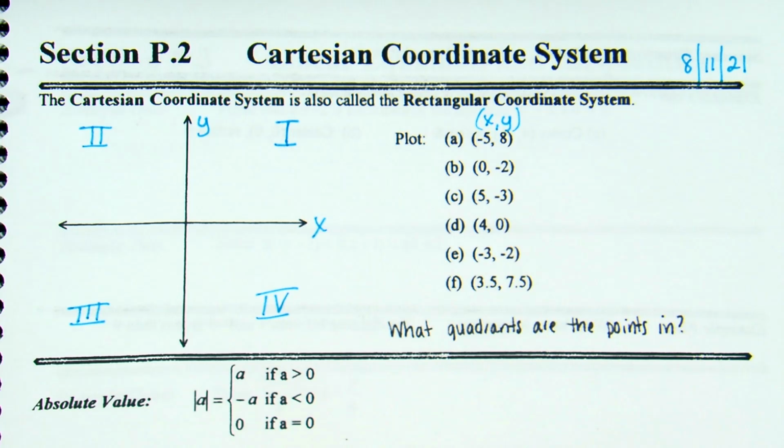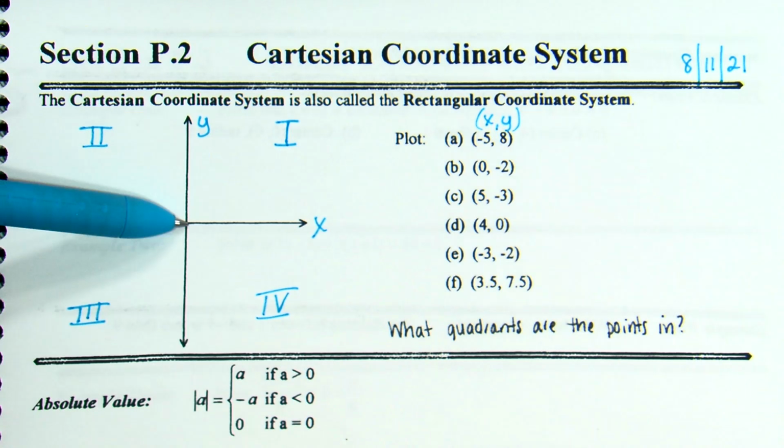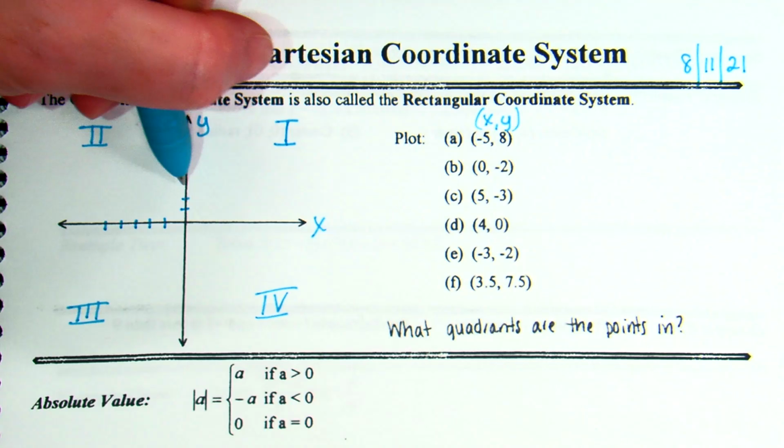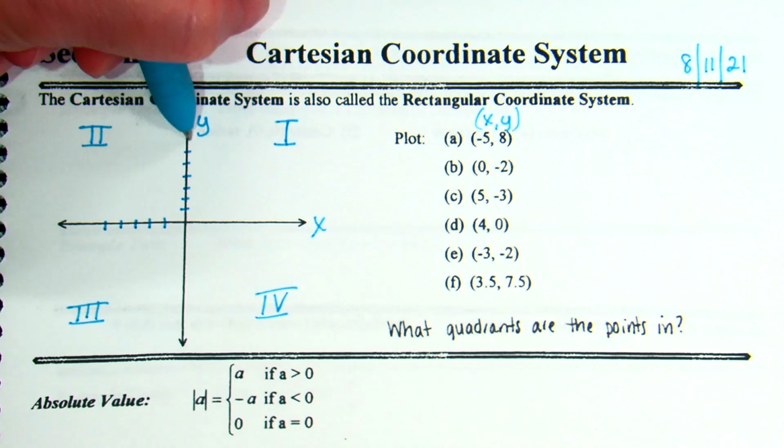Negative 5, 8. How do we graph negative 5, 8? Negative 5 tells me to go left 5, because your X tells you left or right. So we're going to go left 5, and I'm just going to put some, what I call tick marks here. And then what's 8 tell us to do? Go up 8. And I'm just putting some tick marks.